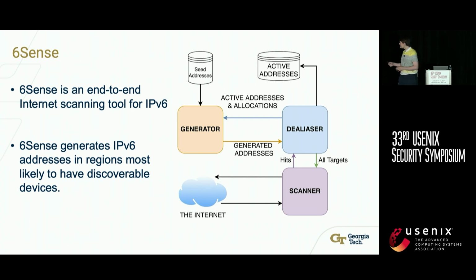It sends them to the dealiaser component, which I'm going to talk about in a little bit, but it's an important part of an IPv6 scanning system. The generated addresses go to the scanner that scans the internet for them, and then those active responsive addresses get sent back to the generator. The generator is dynamic, so it updates over time towards regions where we're more likely to find interesting active addresses.